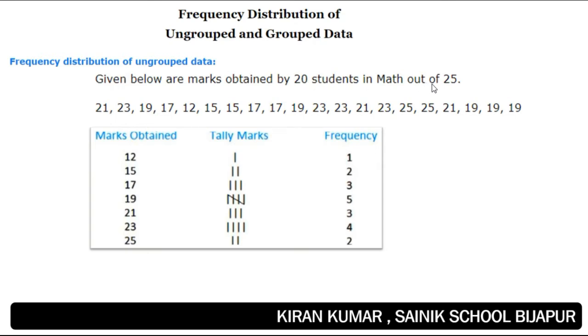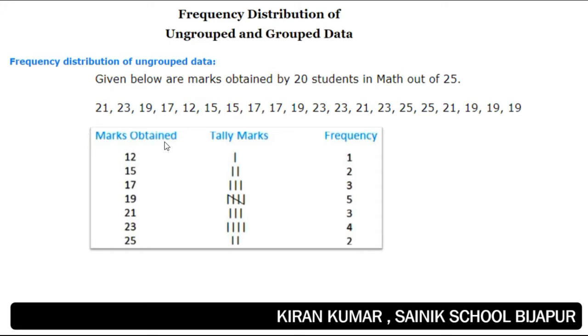If 20 students in a maths test, out of 25, obtained the marks, say 21, 23, 19, 17, 12, 15, 15, 17, 17, 19, 23, 23, 21, 23, 25, 25, 21, 19, 19 and 19. These are 20 students' marks.